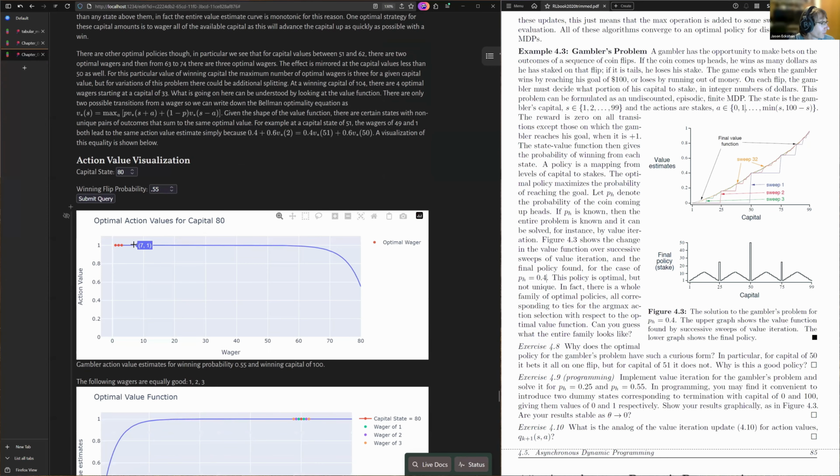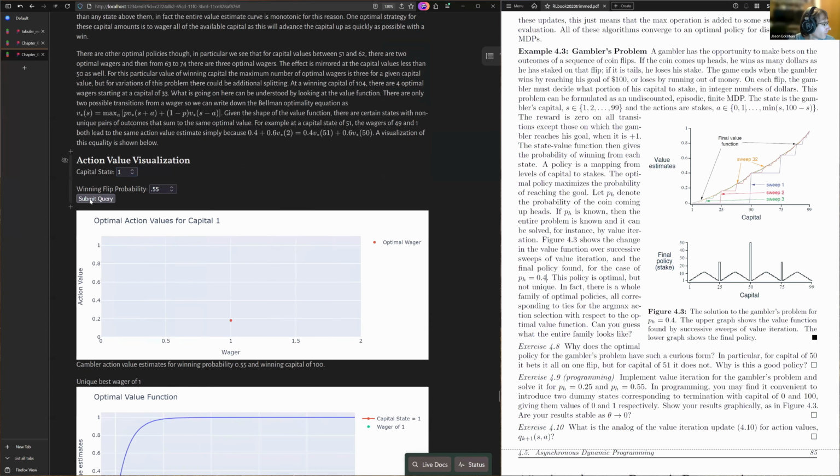It's because we're getting closer. If I have a capital stake of 10, the action value curve has a larger difference between the action values. So we can clearly see that this bet of 1 is better than this bet of 2.